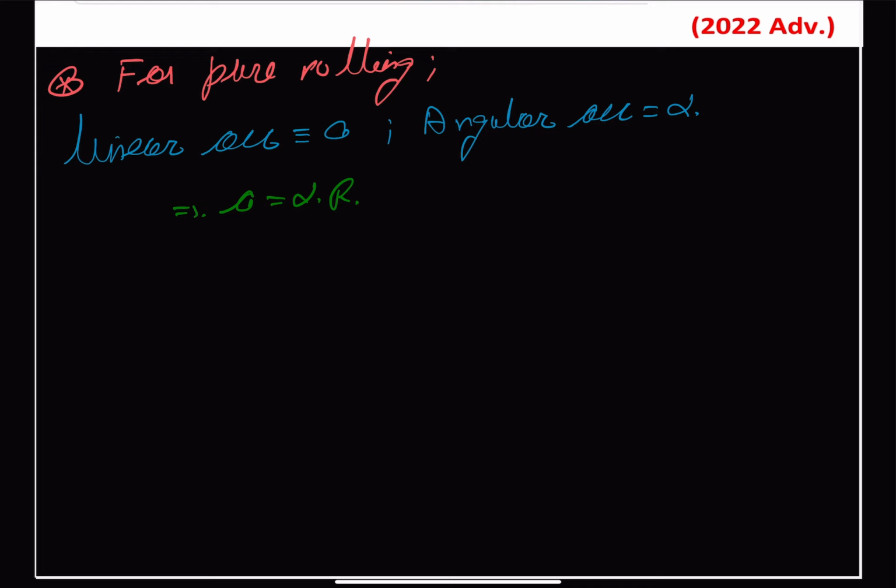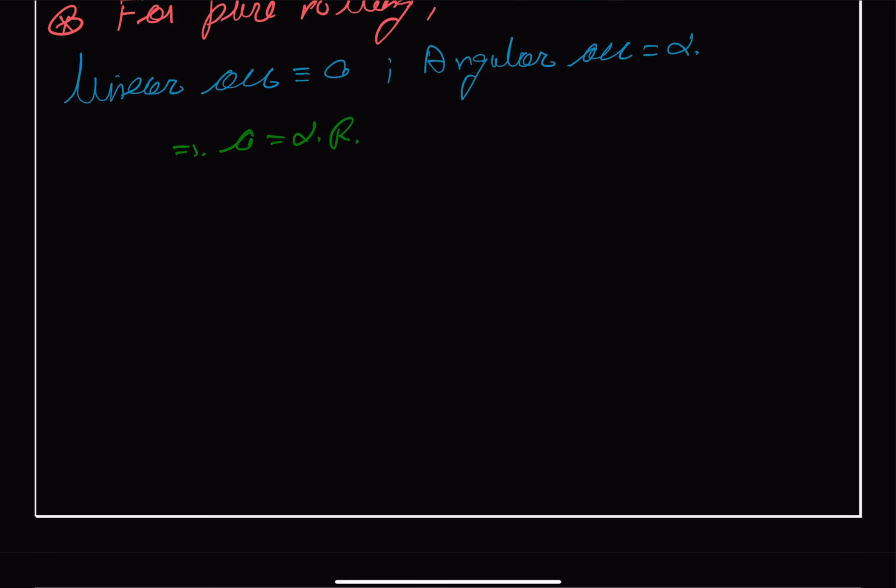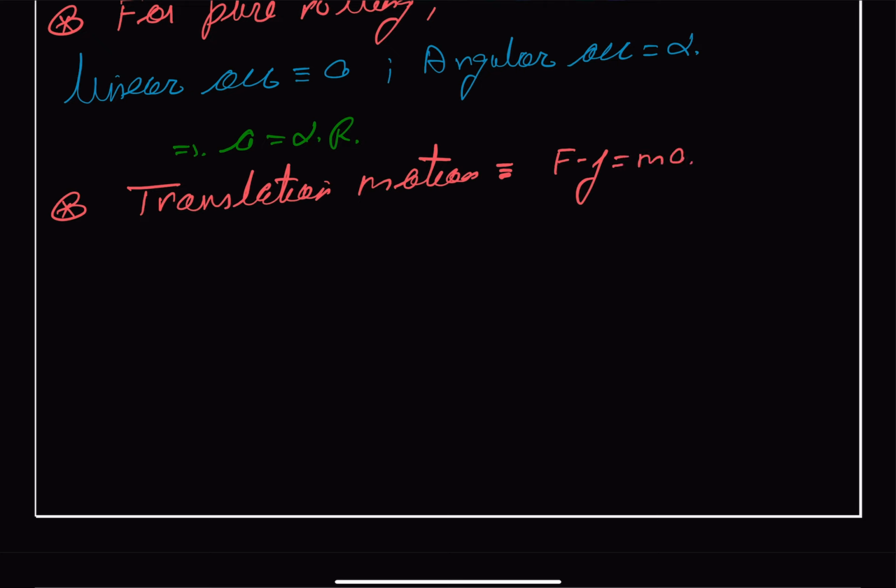And f we said is our frictional force, and we have two types of motion governing this entire setup. One will be our translational motion, and based on this we can write the force F is toward the right, frictional force is toward the left, so F minus f will be equal to mass into linear acceleration.